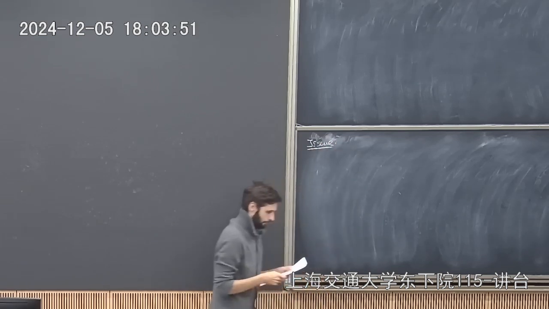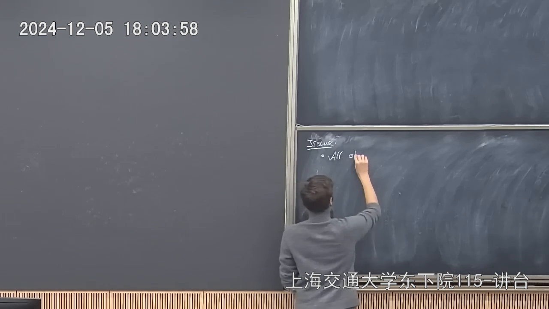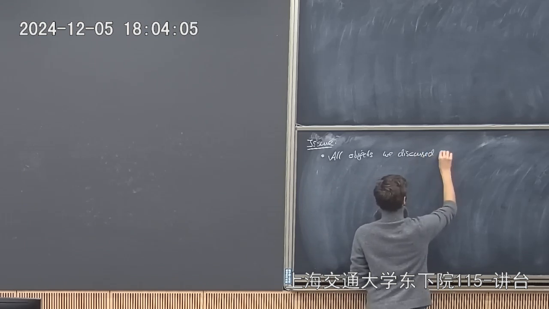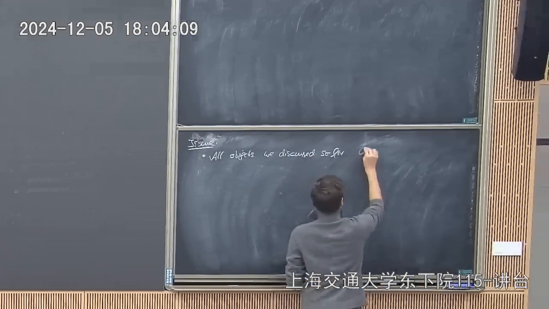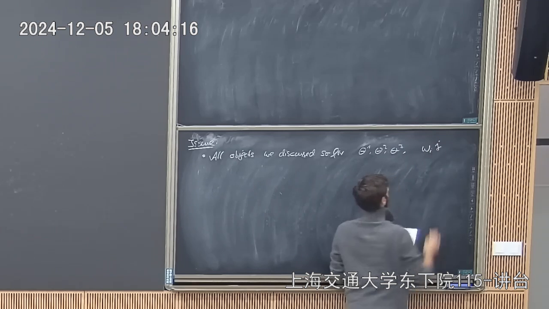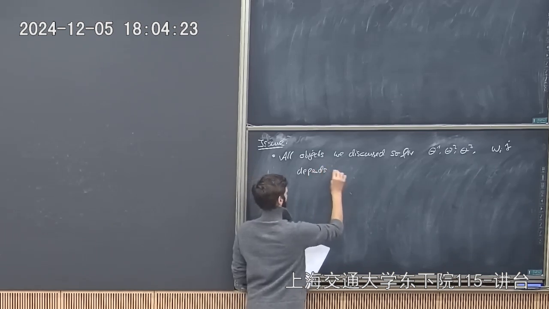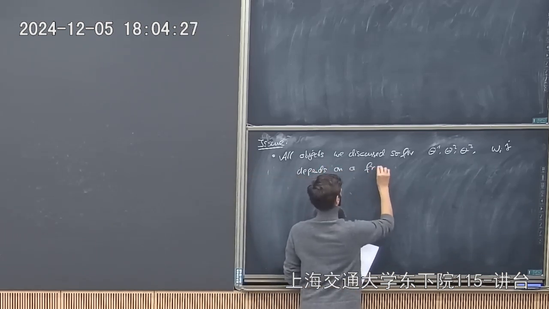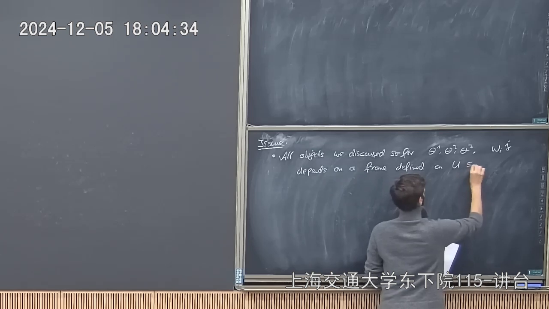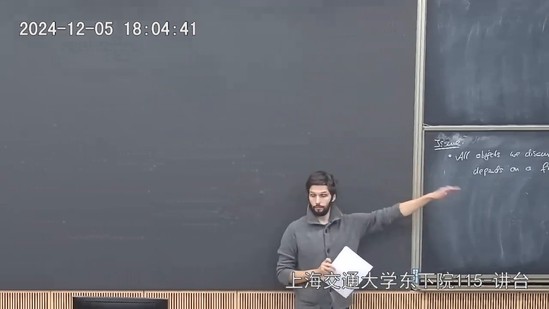The issue that we have to deal with is that all objects we discussed so far, say theta 1, theta 2, theta 3, and from them we derive the connection forms and so on, all of that depends on a frame defined on U, some open subset. So that's the starting point for all of what we did so far.